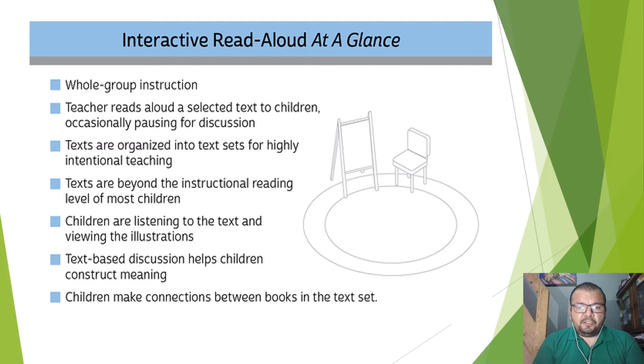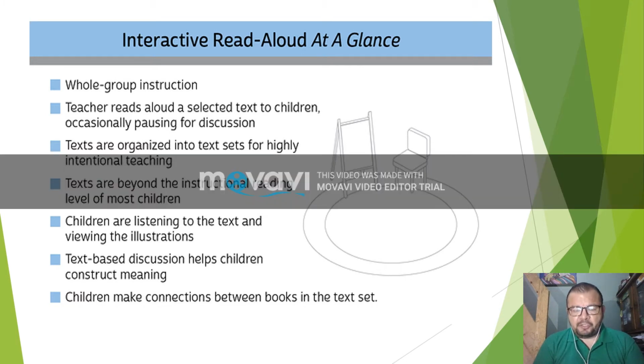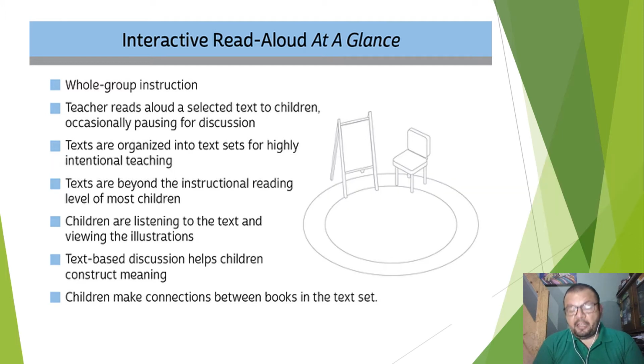Children are listening to the text and viewing the illustrations. All stories commonly have pictures inside their pages. This is a way to make a story very interesting, and the pictures also help the student to understand the story better. The text-based discussion helps children construct meaning.